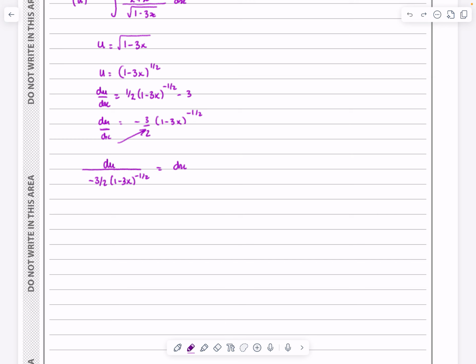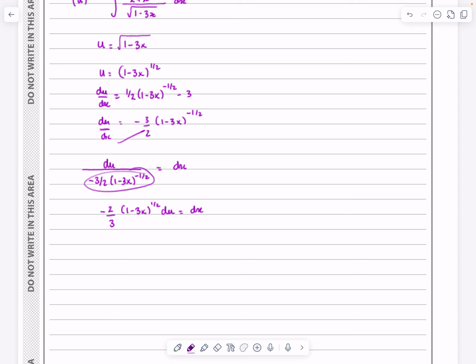But now look, this left-hand side can be tidied up. I don't want to have it written down like that. What I'd much rather say is that if you're dividing by minus 3 over 2, that's the same as timesing by minus 2/3. And 1 over 1 minus 3x to the minus a half is 1 minus 3x to the half. And then my du is equal to dx.